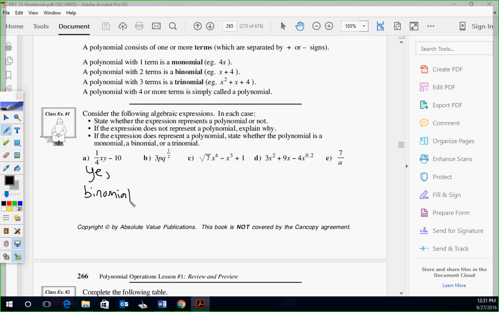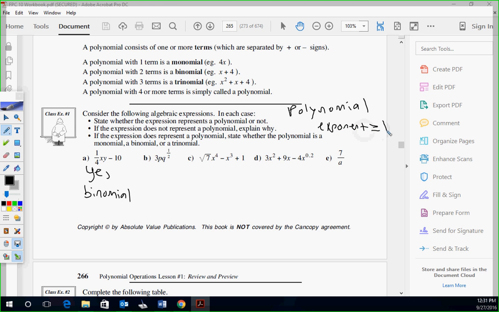Okay. Again, this one's a little tricky. B, is it a polynomial, yes or no? Maybe this one might be my fault. I might have said it has to be positive, when it has to be 1 or bigger for an exponent. So that's my fault. Let's just write this here. A little oversight. In order to be a polynomial, the exponent has to be greater than or equal to 1.